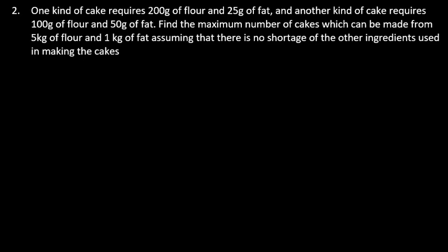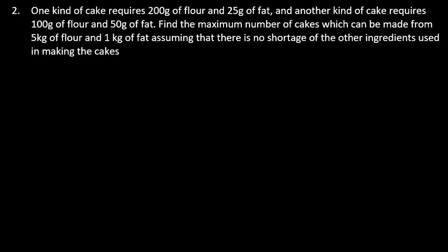Now here let us see the second question. One kind of cake requires 200 gram of flour and 25 gram of fat, and another kind of cake requires 100 gram of flour and 50 gram of fat.